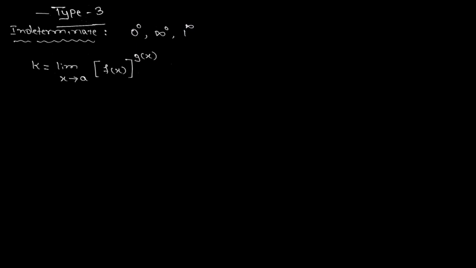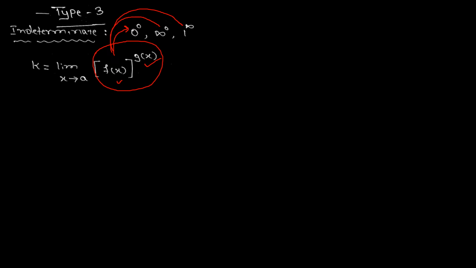Suppose your function under the limit is of the form function to the power function, and this limit is giving you 0 to the power 0 or infinity to the power 0 or 1 to the power infinity, then we cannot apply L'Hospital's rule for such forms.